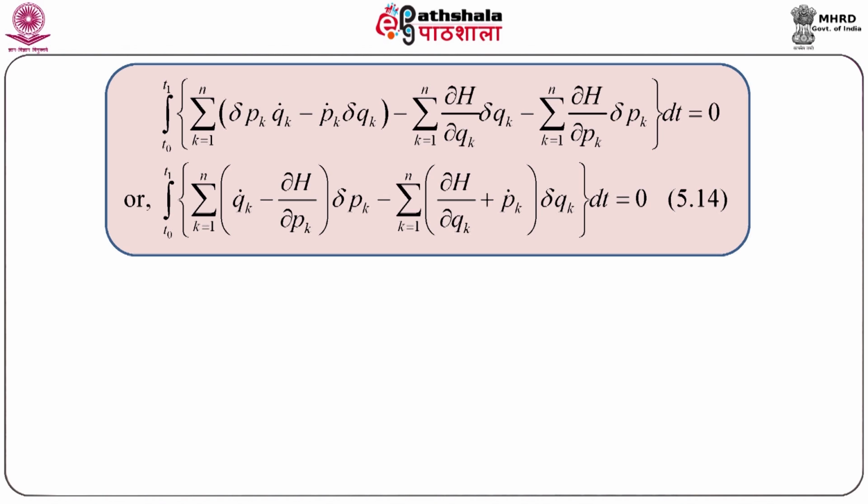Substituting 5.13 in 5.12, we have integration t0 to t1 of summation k equal to 1 to n of delta pk qk dot minus pk dot delta qk minus del H del qk delta qk minus del H del pk delta pk dt equal to 0, or integration t0 to t1 of summation k of qk dot minus del H del pk, times delta pk, minus summation k of del H del qk plus pk dot, times delta qk, dt equal to 0.